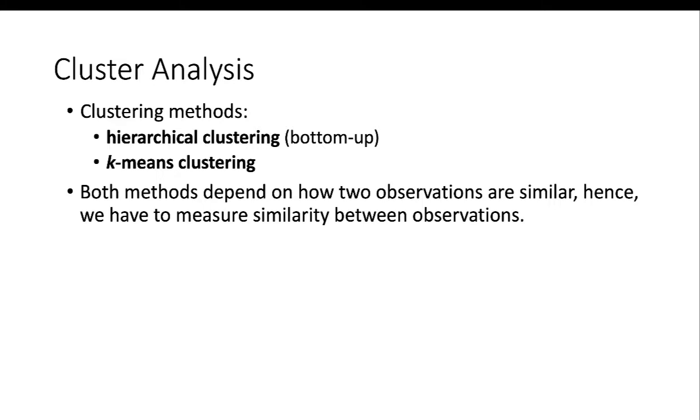The second method, k-means clustering, assigns each observation to one of k clusters, making sure that the observations assigned to the same cluster are as similar as possible. Both methods depend on how similar observations are. So let's see how we measure similarities between observations.